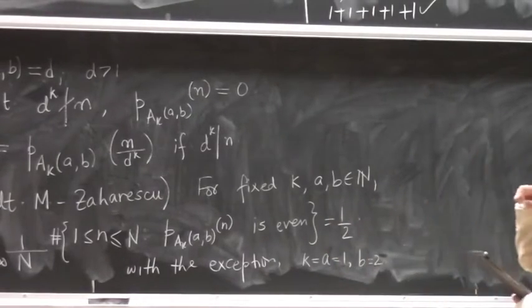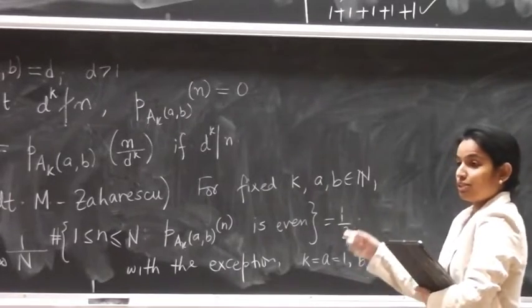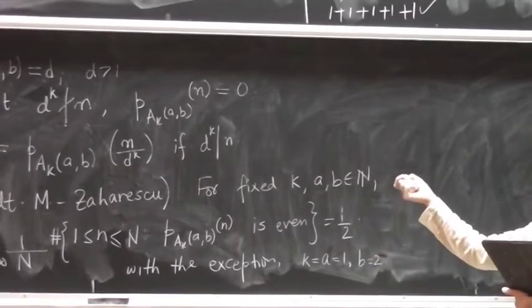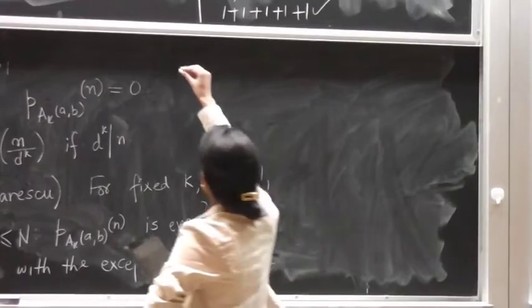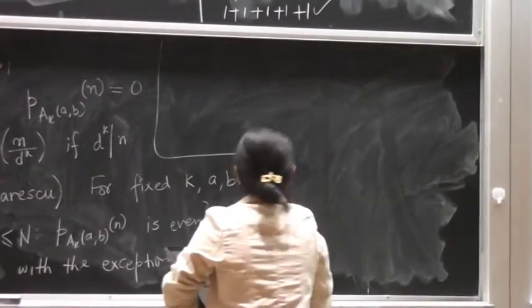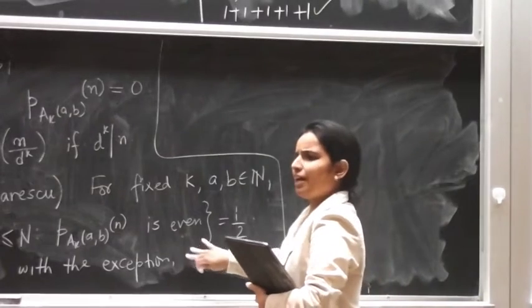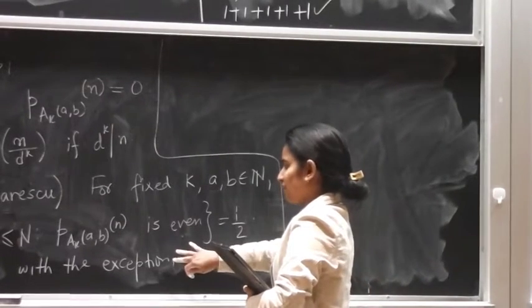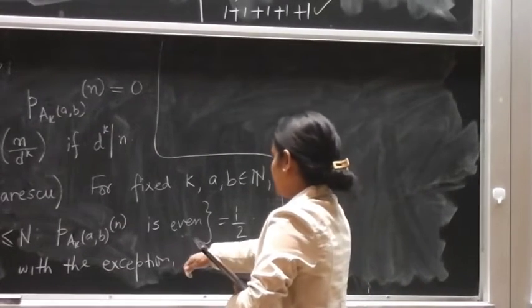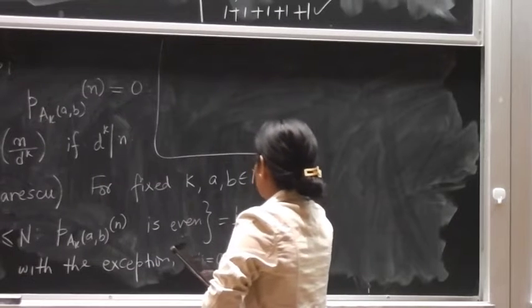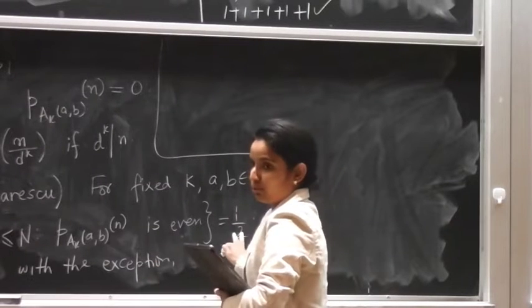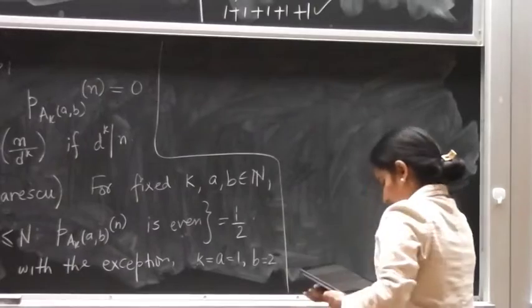And this we saw from experiments. So I will show you the table towards the end of the talk. And once we saw this in the table, we were like, oh, there's something special going on over here. This was quite easy to show, that in that case this is not 1/2, and we have exact asymptotics for that.